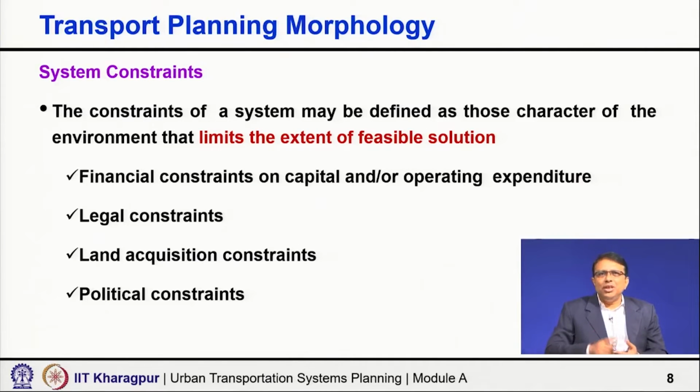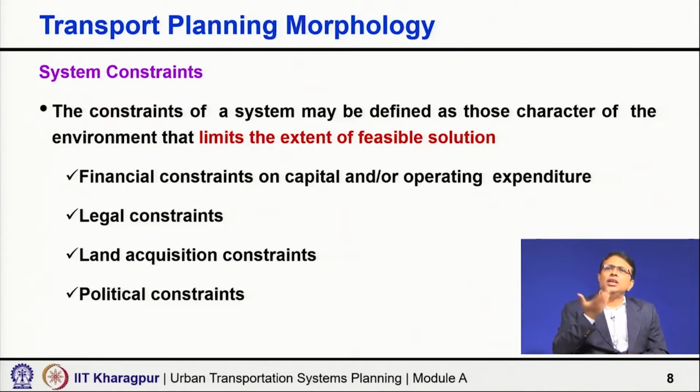So, it is very, very important to understand the fiscal constraints on capital or operating expenditures, that okay, I can get one time money, but do not ask me for money after that, or after that I only have limited money. Or you can say that okay, my operating expense is fine, but I do not have so much capital to spend initially.